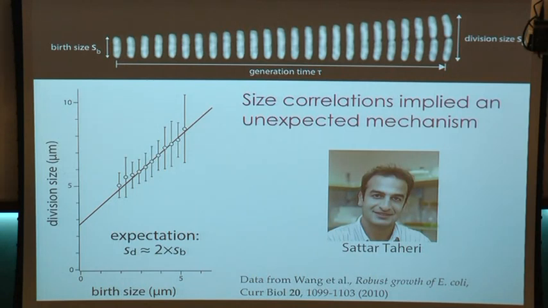Sattar Taheri was my former postdoc, and he was a theoretical physicist by training, did a PhD in theoretical physics, in soft condensed matter physics, but probably went through an identity crisis. He came to my lab after a short first postdoc, and he told me he wanted to switch to biology. I was very sympathetic because I went through exactly that.